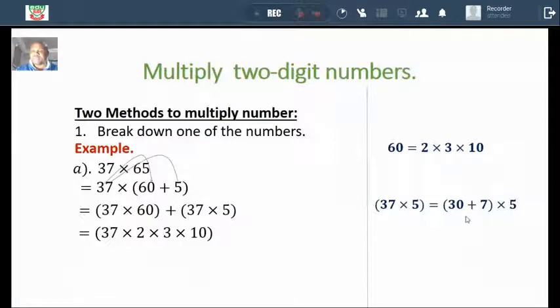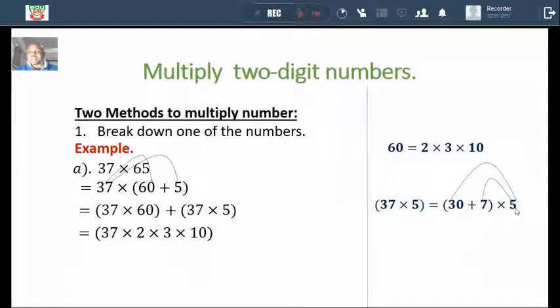We chop it. Now here, as you remember, numbers inside the brackets are multiplied by the number outside the brackets. We're going to multiply each of those numbers, one by one, by that number outside the brackets, which means we're going to multiply 5 by 30, and then we're going to again multiply 5 by 7.